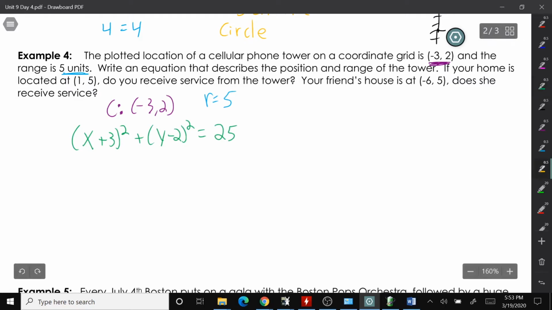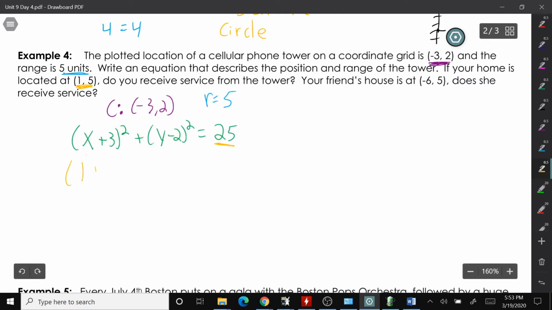So we're going to plug these points in. We'll start with this one first for x and y, and see if we get a number smaller than 25, equal to 25, or bigger than 25. If we get a number smaller than 25, that means we are inside the circle. So let's plug that in.